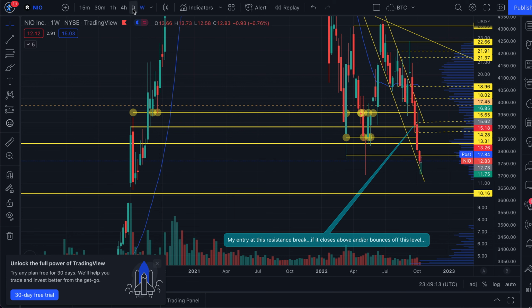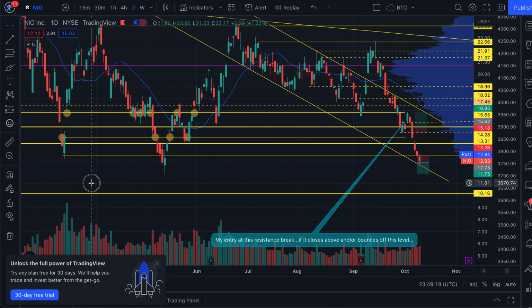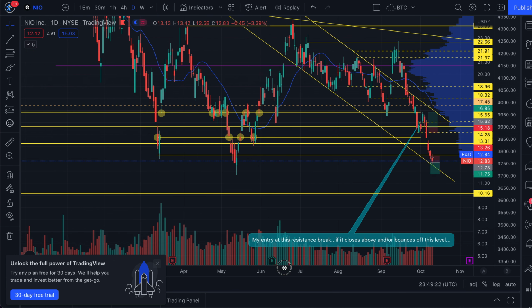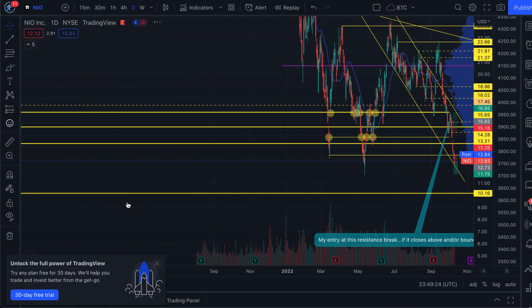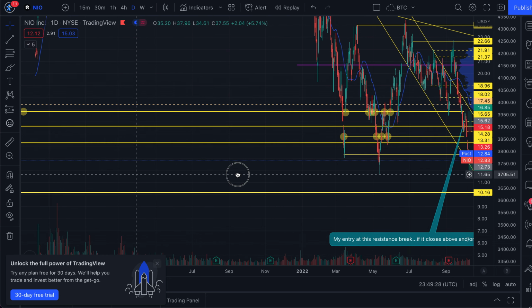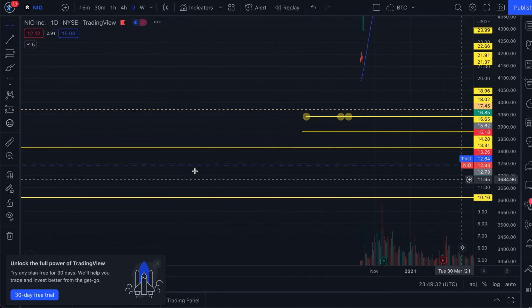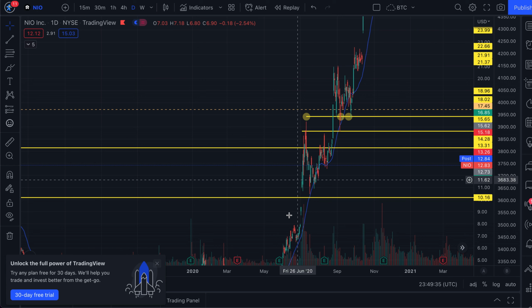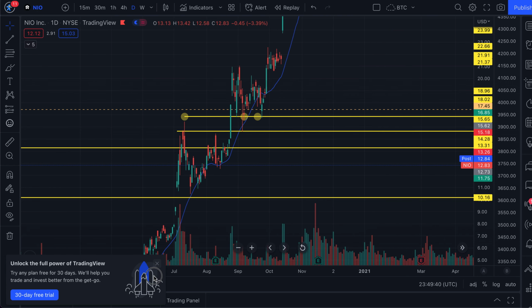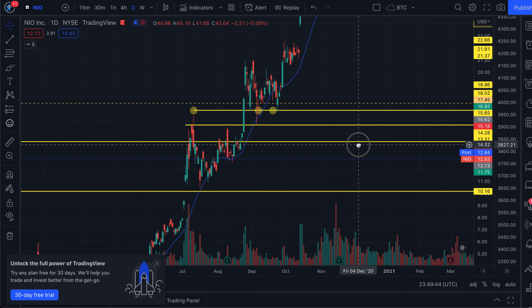So let me dive into the daily here in this area, which is going to be all the way back to 2020. Okay, here we go. This is looking a lot more promising. Okay, so let's look at some of these levels over here near the 1016.